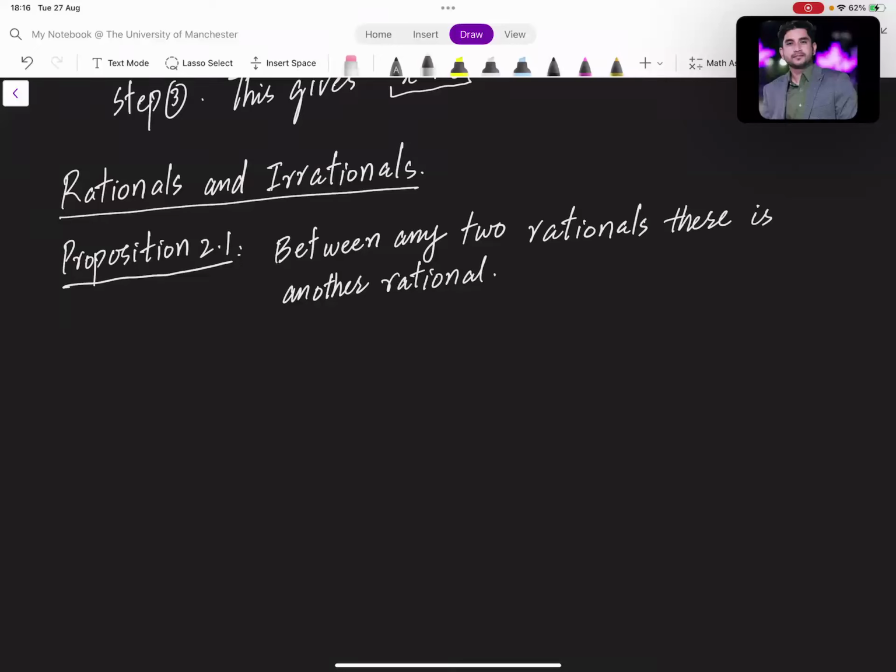This says that if you have two rational numbers, there is another rational number between them. Let's prove this.